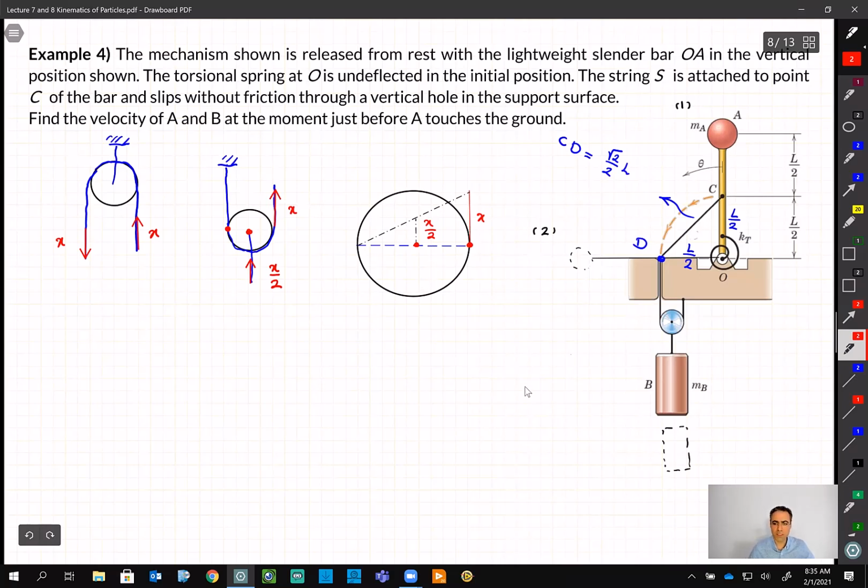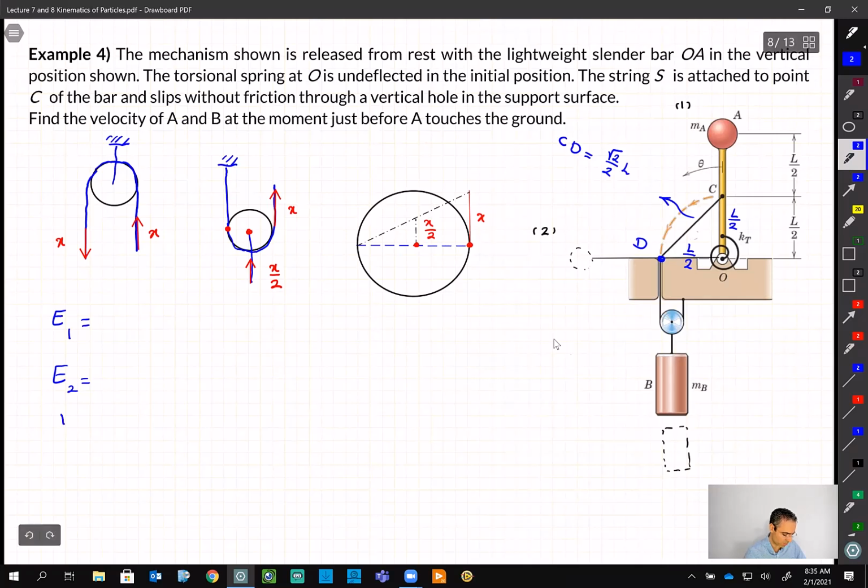Let's see if we can use this information here. I'm going to write down whatever energy I have in point 1, and then whatever energy I have in point 2. I don't have any work done on this system.